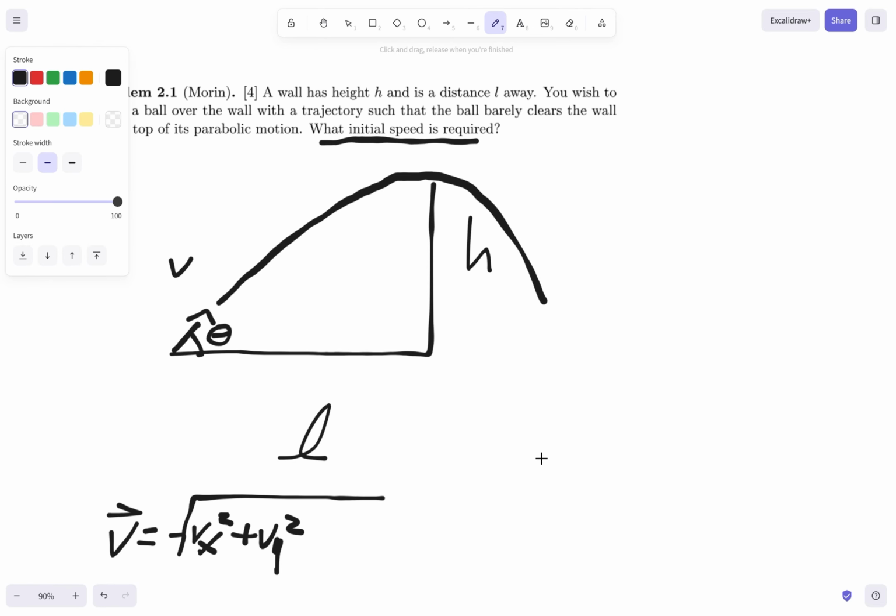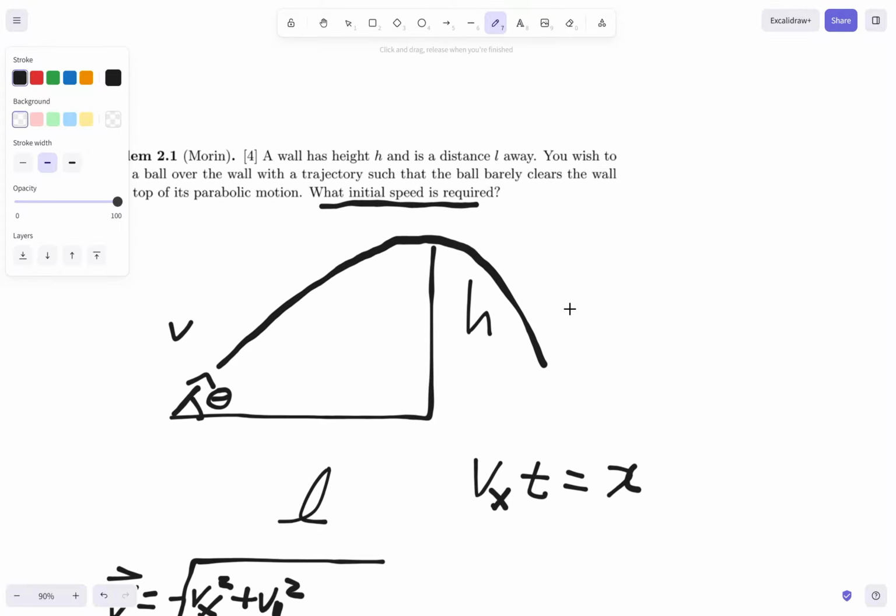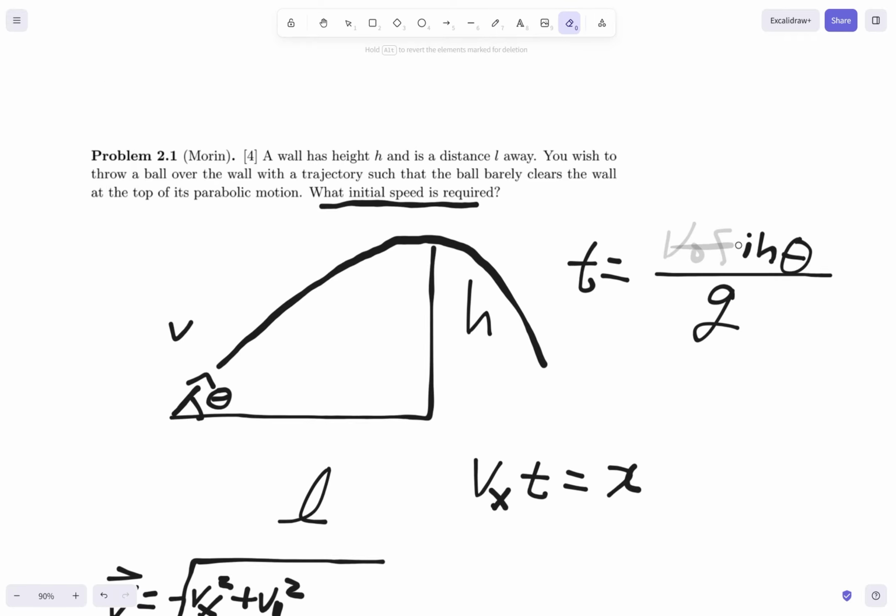So Vx multiplied by t equals x, and we need to find t. t is going to be equal to V0 sine theta all over g. Wait, hold up, I almost slipped up.